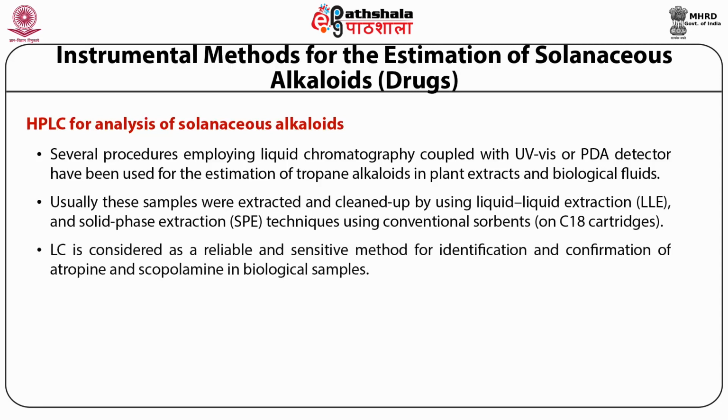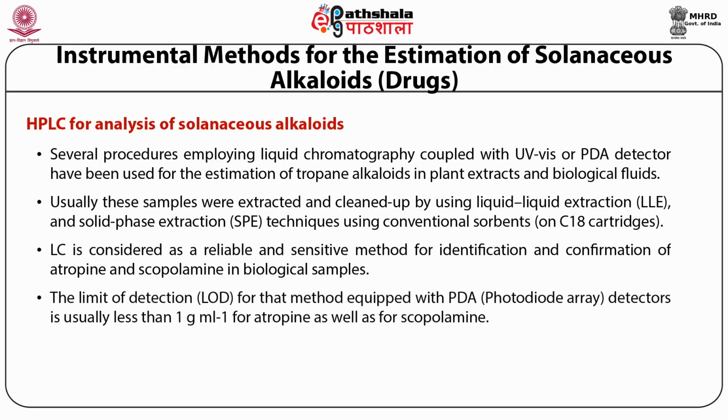LC is considered a reliable and sensitive method for identification and confirmation of atropine, scopolamine, and other solanaceous alkaloids in biological samples, fluids, and plant specimens. The limit of detection for HPLC methods with a PDA detector is usually less than 1 microgram per ml, so it is a reasonably sensitive method.